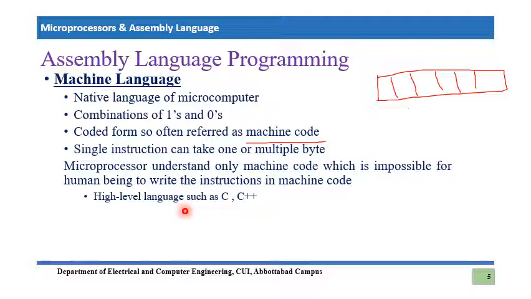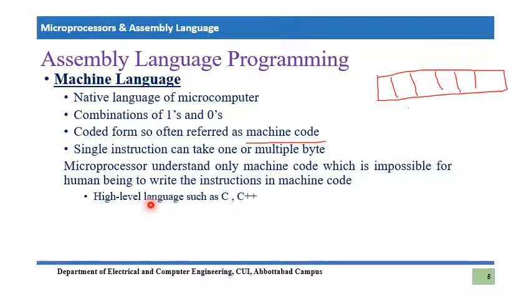Because they can easily be understood by human beings, because they normally use keywords like if, else, while, do, for. These are so simple English words which can be easily understood by human beings, while those high level languages cannot be understood by the machine or microcomputer, which understands only machine language.